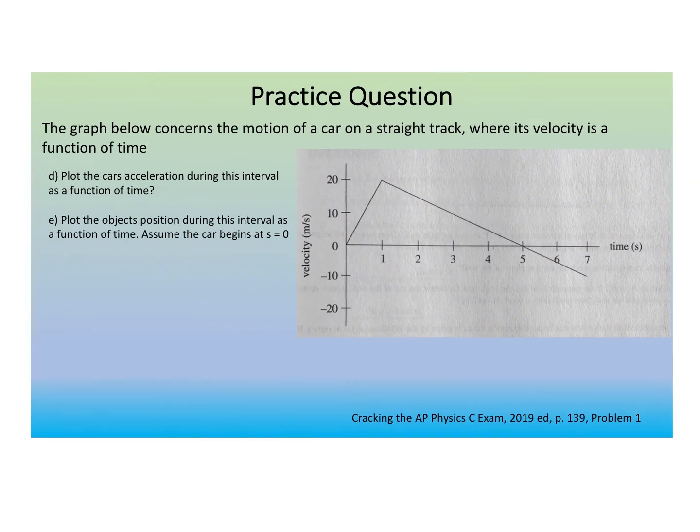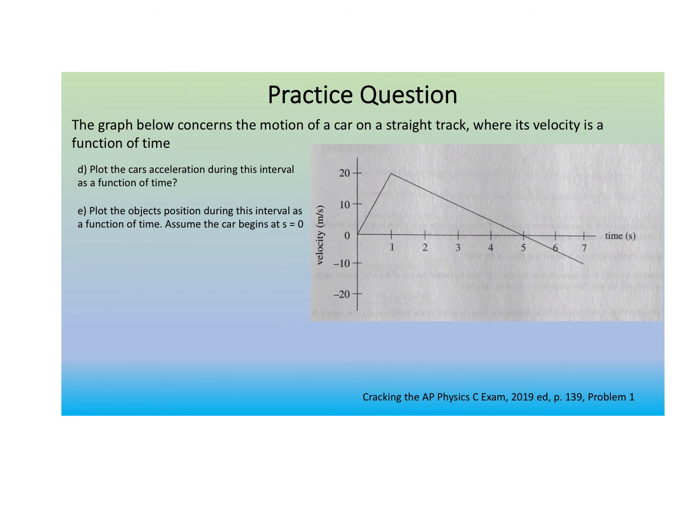So finally, we have this same graph, but we want to plot the acceleration function and the position function. Now the acceleration function is relatively easy. The position function is a little bit more annoying. So for acceleration as a function of time, we can look at the slope. Remember, acceleration is the derivative of velocity. If this is a velocity graph, then the acceleration is the slope of this graph.